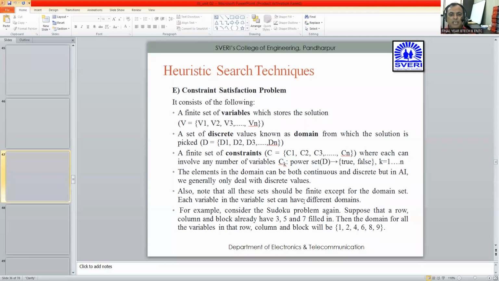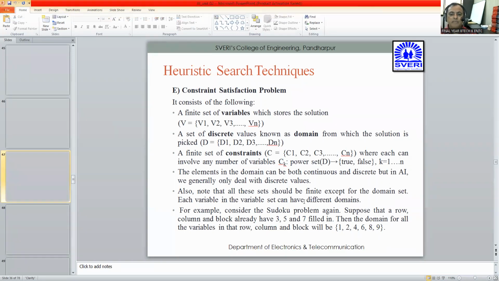So the condition is Ck, that is nothing but a constraint, a subset of the power set of D, which may be true or false, ranging from k as 1 to n. The elements in the domain can be both continuous and discrete, but in AI we generally only deal with discrete values.